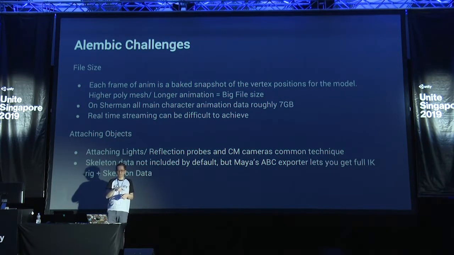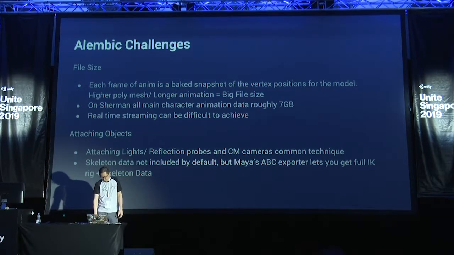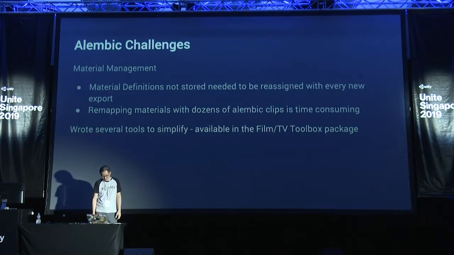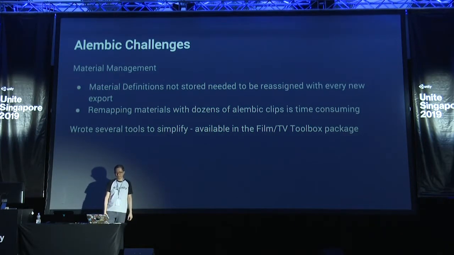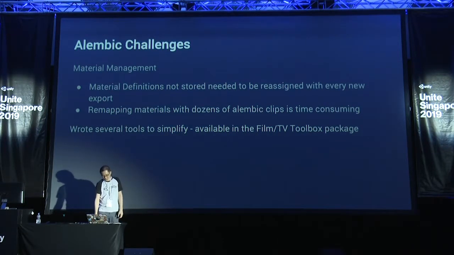You have to manually map them, but the team created a tool to automatically map the materials to the Alembic cache. Like I mentioned, material management: materials are not stored in the export, so you have to manually reassign them. But we wrote a simple tool to simplify that, and that tool is available in that Film TV Toolbox package that I mentioned earlier in Package Manager.